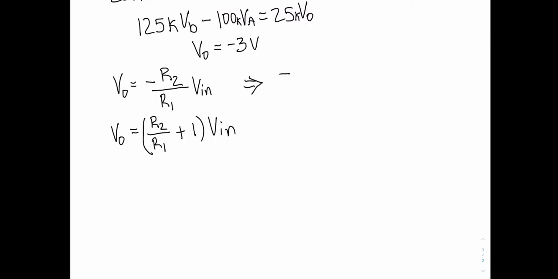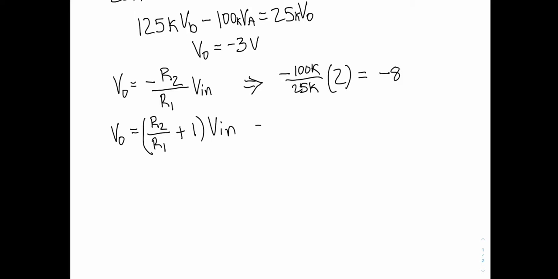So we'll have negative R2 over R1, which is 100K over 25K, times Vin, which is going to be 2 volts, which is going to equal negative 8.